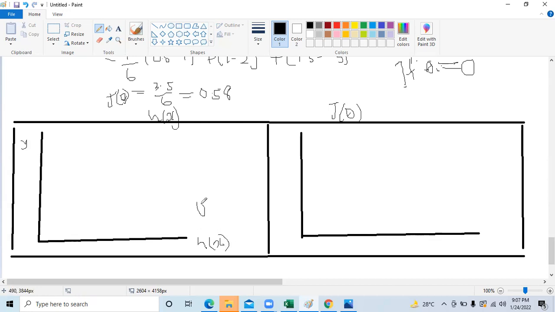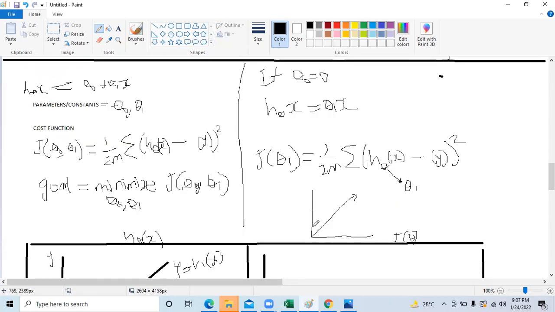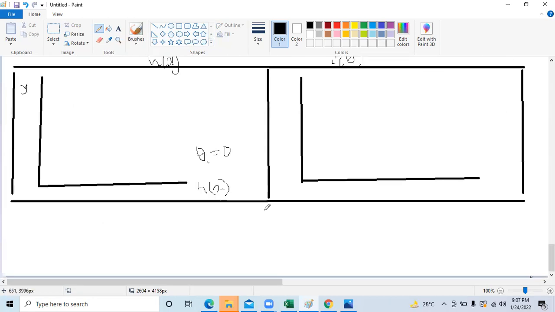So if theta 1 equals 0, once again, don't forget our theta 0 is 0, right? That is why we're starting from here, just to make the entire thing simpler. So this is 1, 2, 3. All right, and here this is 1, 2, 3.